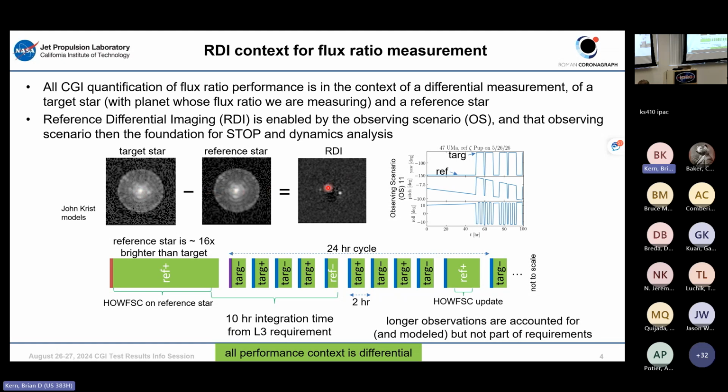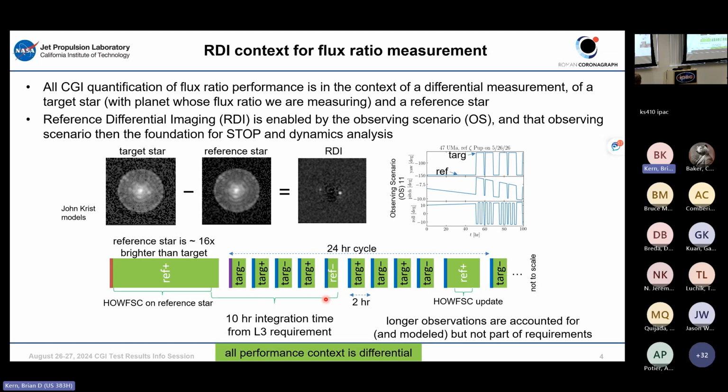If they're stable, they don't appear themselves in the RDI image. There is shot noise that's a product of how much starlight there was and the time you spent observing it. But I just want to keep that context really clear. It's the post-differential field that is the context for noise that we describe as flux ratio noise.